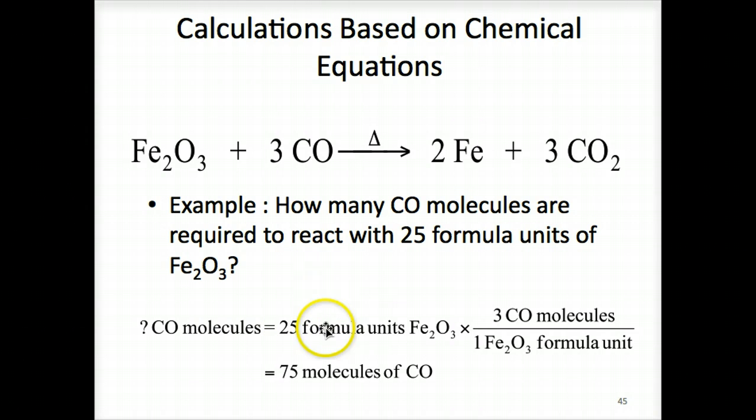Well, if I have 25 formula units of iron(III) oxide, and I know from this equation 1 unit reacts with 3 units, then I would say 1 formula unit and 3 molecules. That means I need 75 molecules of carbon monoxide for every 25 molecules of iron(III) oxide.